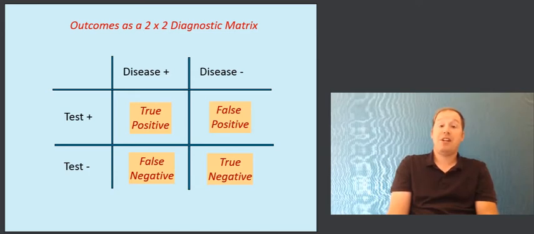That is, the person doesn't have the disease, but the test comes back positive. And then in the bottom right quadrant, we have a true negative result. The person doesn't have the disease, and the test also comes back negative correctly. So here are the four possibilities, just as we saw in the last diagram, but this way laid out as a matrix, the possibilities of outcomes when we're testing for a person's disease or condition, whatever it might be.